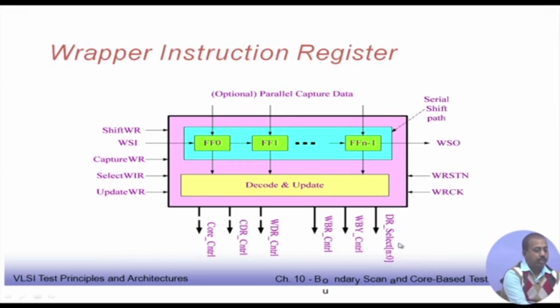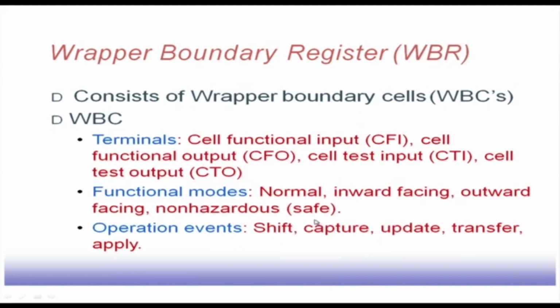This DR select is basically which register we are going to update. So, data register select, 0 to n if there are n registers, is which register you are going to update. Then WBYPASS control: if this is 1, it means the wrapper will be in bypass mode. Then this BR control is whether we are going to do this bypass register control.